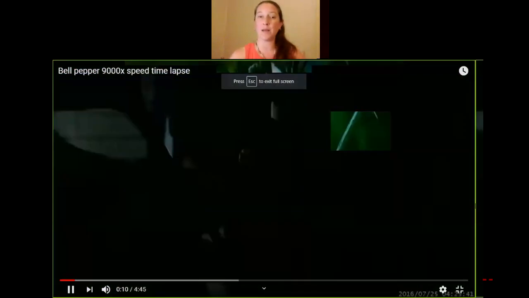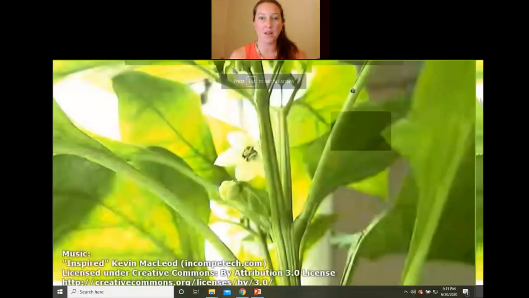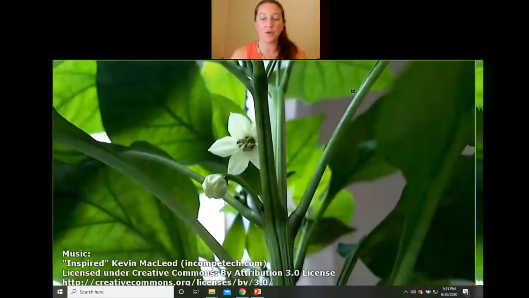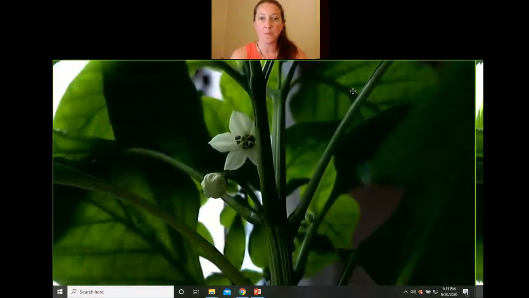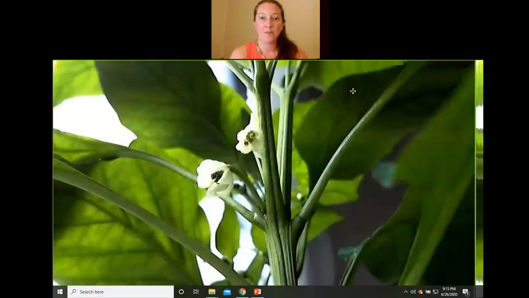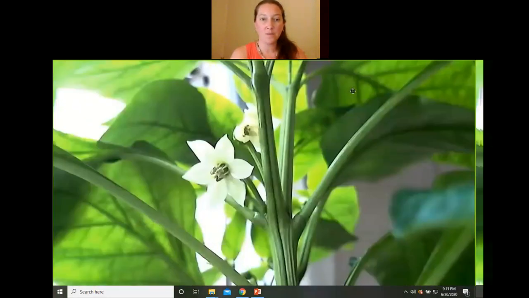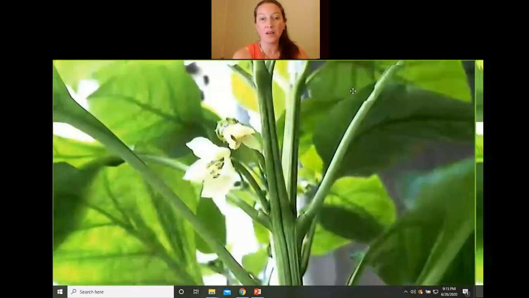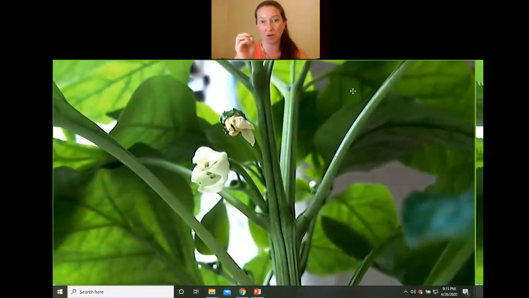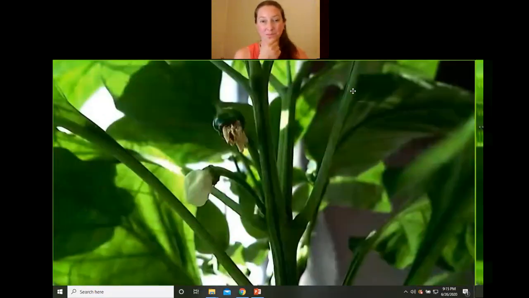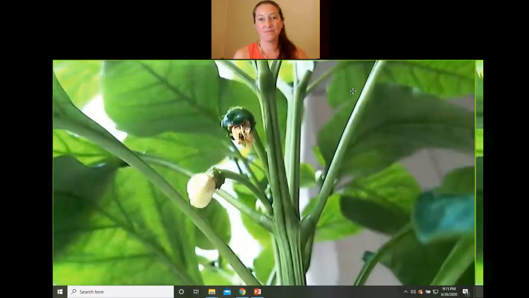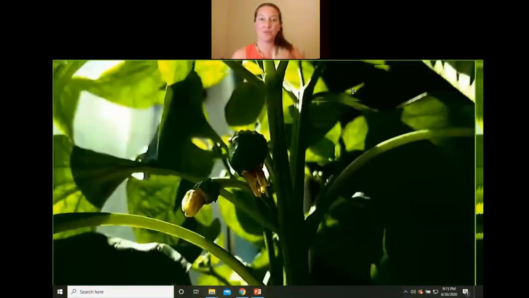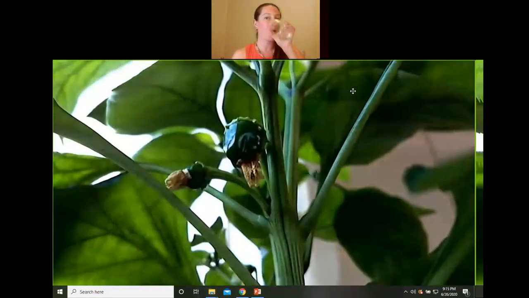Okay, so this is a time lapse of a bell pepper plant. You saw that person just go like that real quick. They pollinated it with a little brush. And look, this one just opened. Pollen has been delivered, and now look at the one on top. It's starting to swell into the bell pepper.